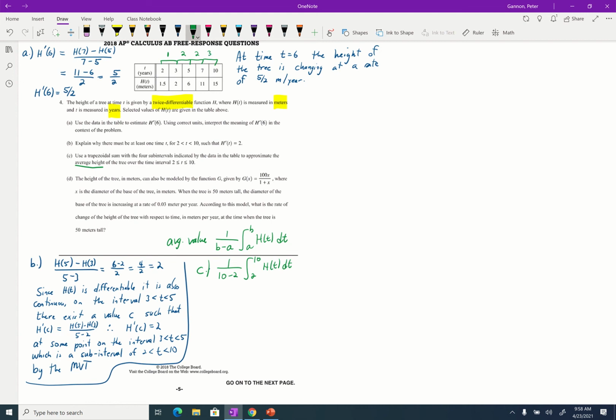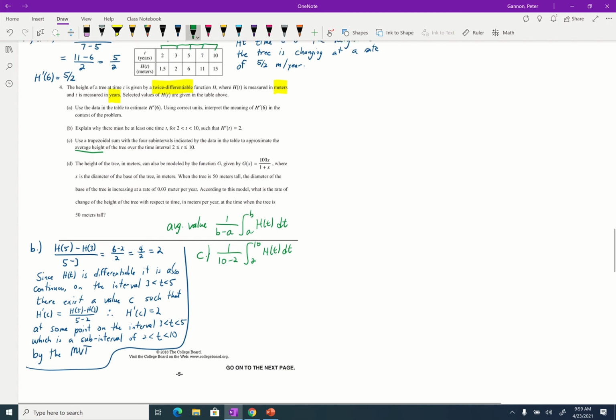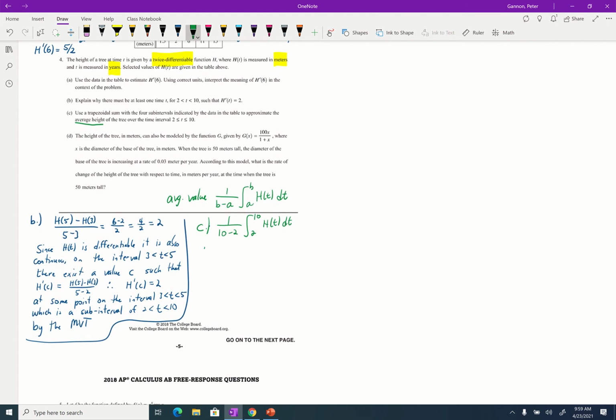The widths are not the same, which means you're basically going to find the area of each trapezoid individually and just add them together. So I've got 1 over 8 times. Now, the one thing that will be consistent for all of these trapezoids is the 1/2.